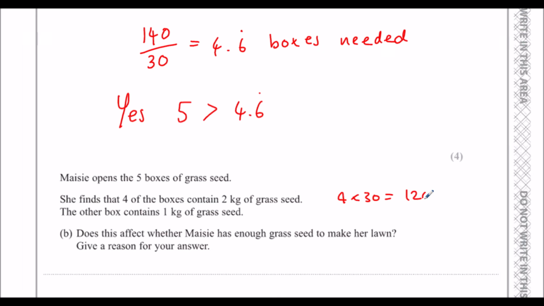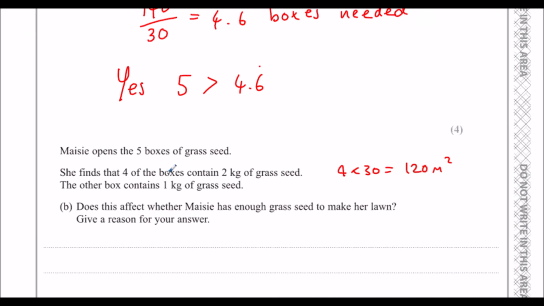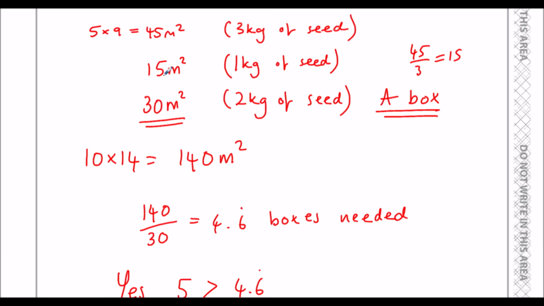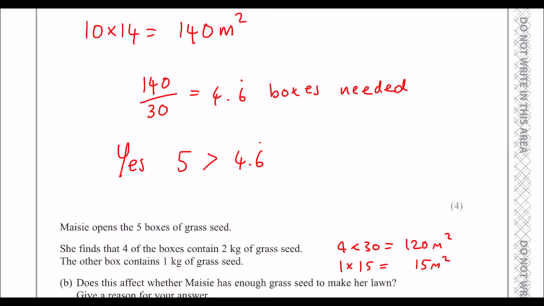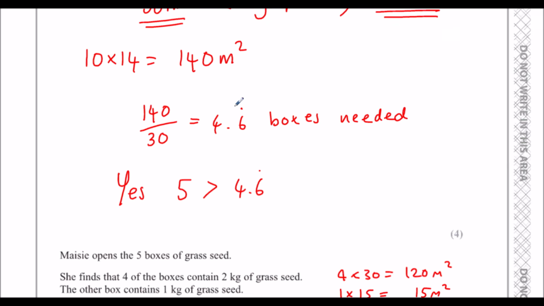That would be 120 meters squared. And then the other box is 1 kilogram, which is 15 meters squared. So that's 135 meters squared.